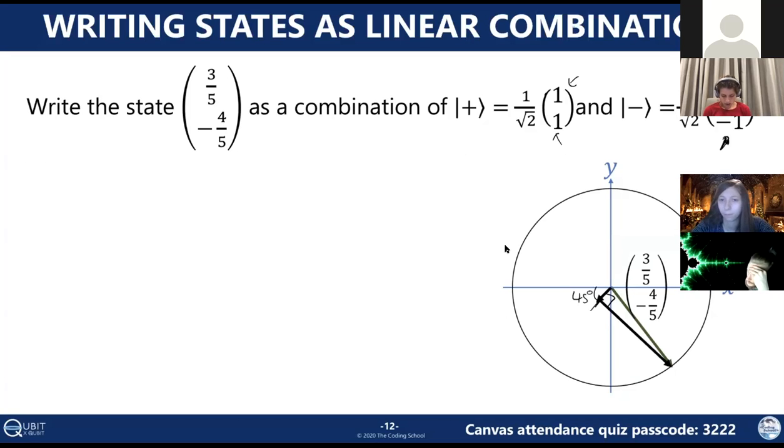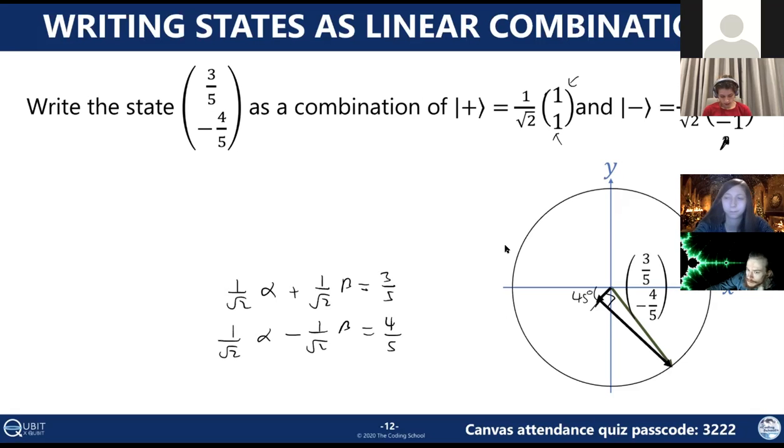So we know that we want the top state to end up with us getting 3/5. So we have our 1/√2 times alpha plus 1/√2 times beta equals 3/5, and our 1/√2 times alpha minus 1/√2 times beta is equal to -4/5.